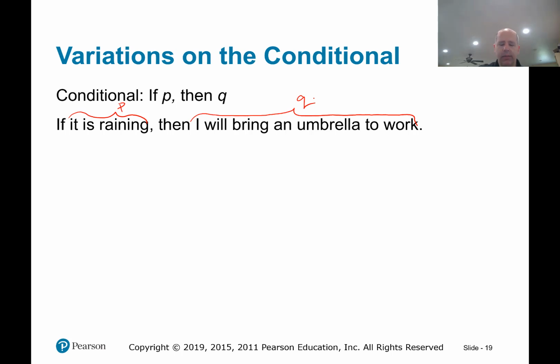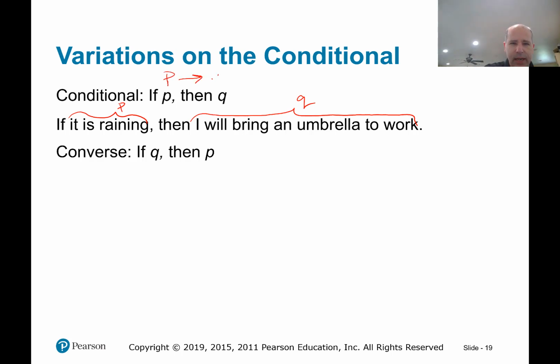So the converse of a conditional statement is not the opposite, but it goes in the opposite direction. So if P then Q, the converse goes the other way. Again, think about the symbolism.